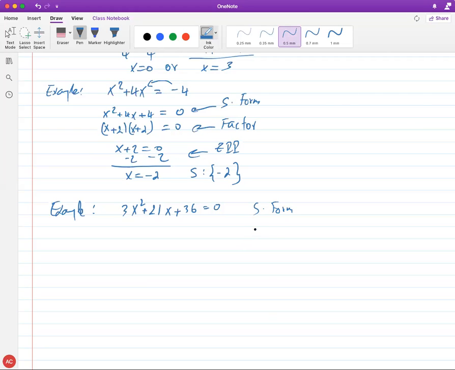The next step is to, what do we do now after standard form? Factor. That's right, we need to factor. Factor this trinomial. Okay, so how do you factor this?